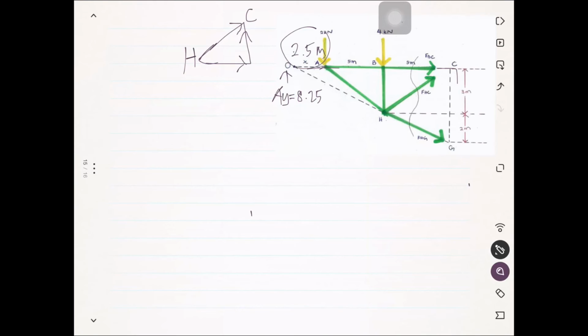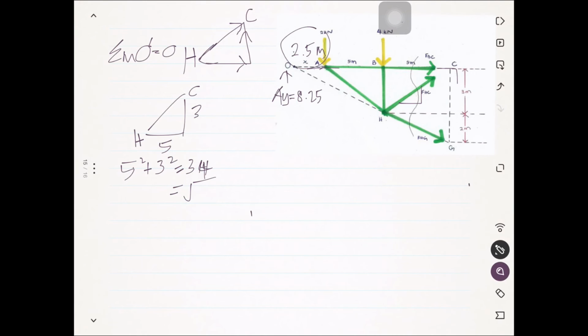Okay, let's redo the moment. Summation of moment at O prime equal to 0. But before that, we must resolve HC into X and Y axis. With 3, 4 and 5, we use the Pythagorean theorem: 5 squared plus 3 squared equal to 34, so the square root of 34.